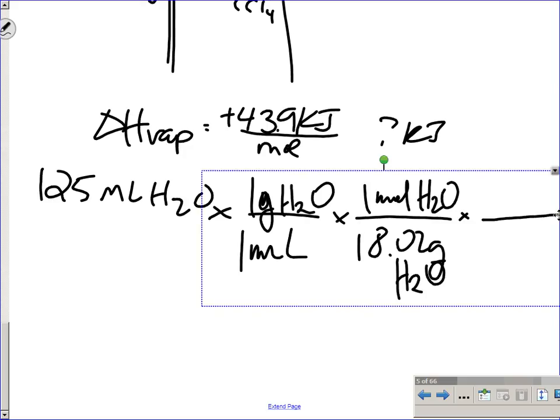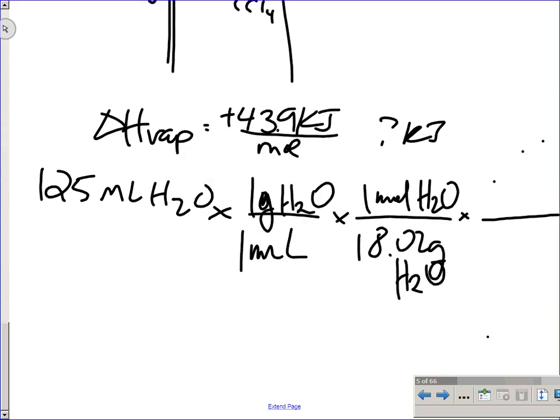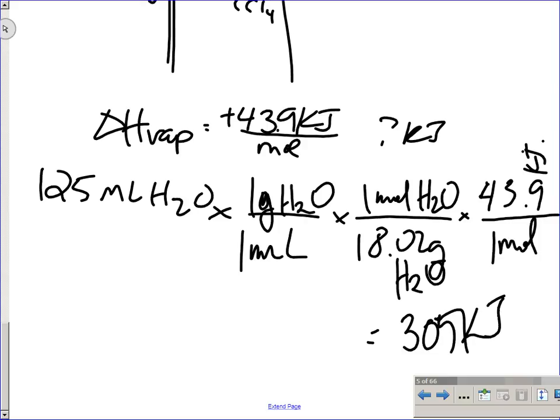And then 43.9 kilojoules per 1 mole, and then estimate. 4.4, 4.6, you guys are great at estimating. Give me 3 sig figs. 3 or 5 kilojoules. Okay, so it'll take 300 kilojoules to vaporize 125 mL of water.